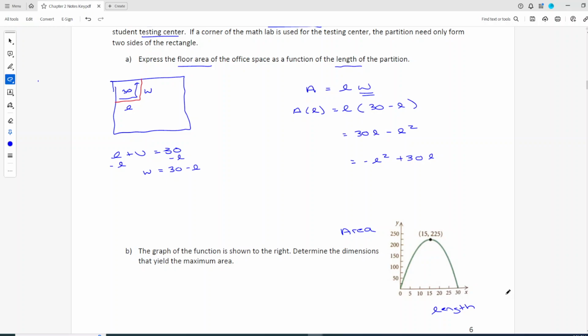Yes, this is a specific scenario, and sure, I want the maximum area, but really what I care about is that when you're modeling area as a function of length, area is your y value and length is your x value.